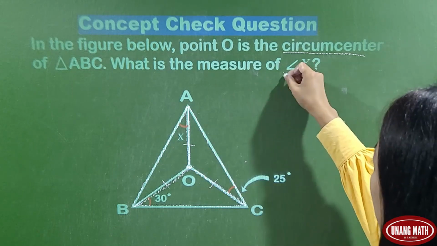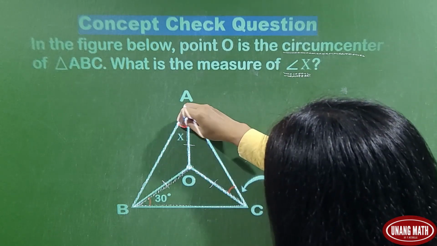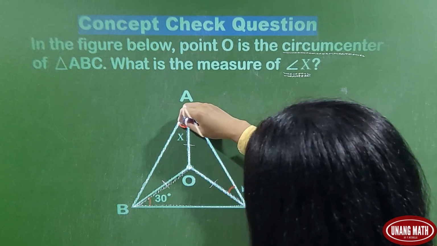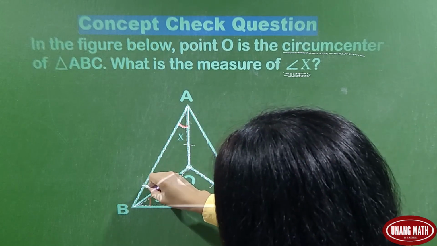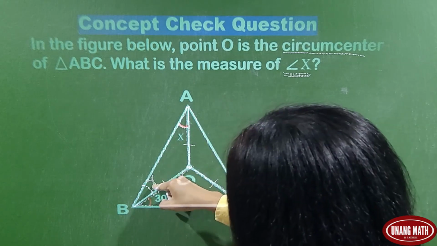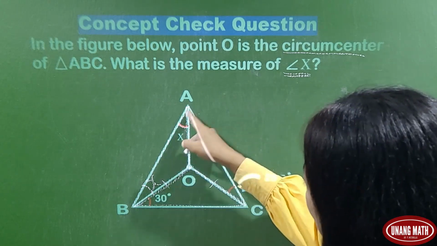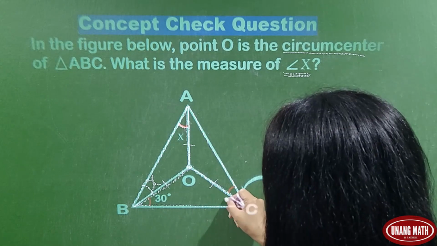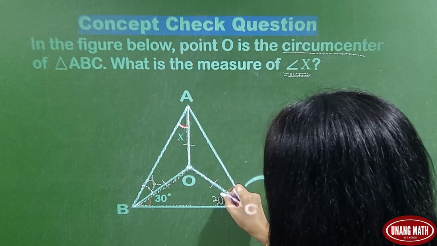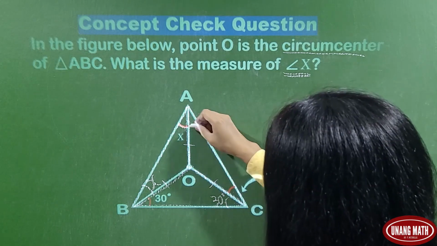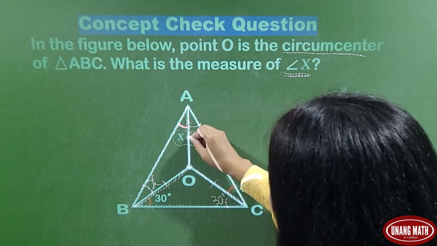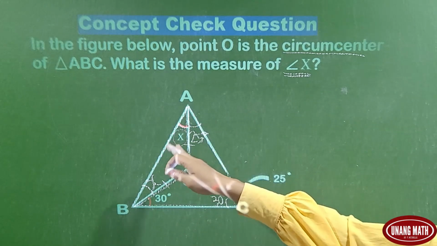So we are looking for the measure of this angle, angle X. If this is angle X, then this is also angle X because these are the base angles of this isosceles triangle. If this is 30, then this is also 30 degrees. If this is 25 degrees, then this is also 25 degrees.